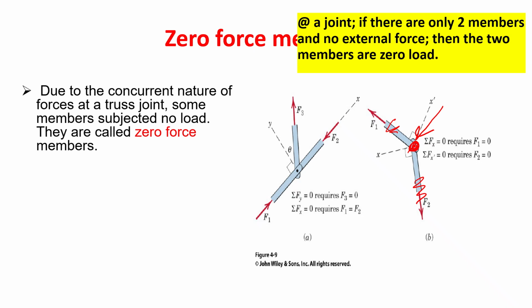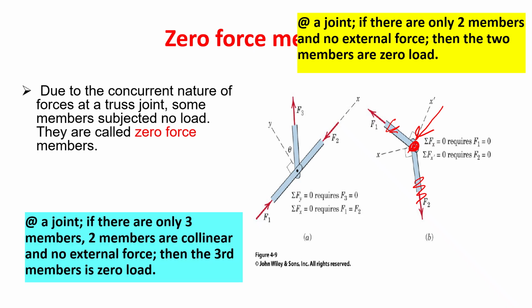In the second figure, when you look at a joint, if there are only 3 members, no external force, and 2 members are collinear, you can see these 2 are collinear along the same line. And this one has no load, so this is 0. In the first, both of these ones are 0. In this one, that one is 0.